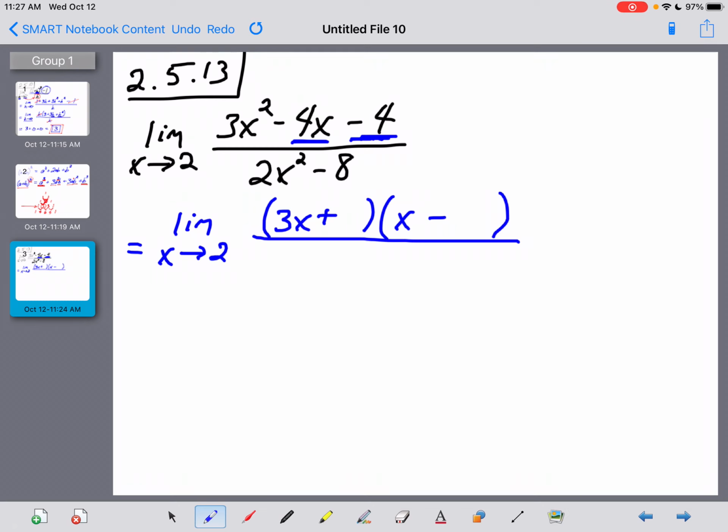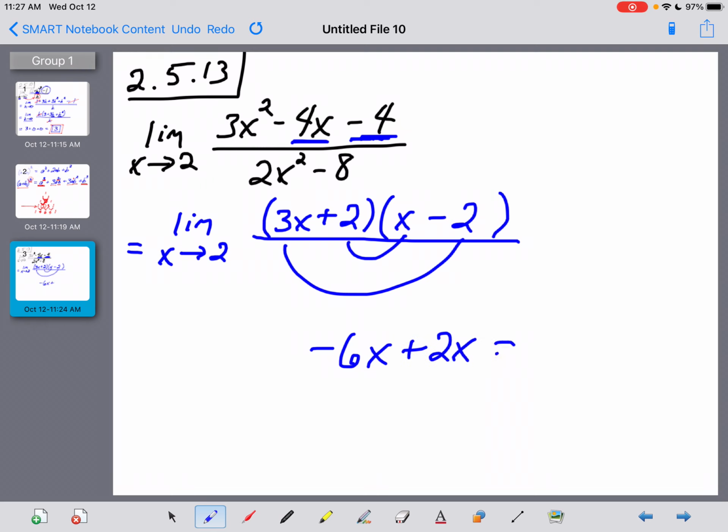Probably the easiest way to split up that 4 is 2 times 2, and let's see how, oh man, you're good, kids. You guessed right away. My outer product right here, 3x times negative 2 is a negative 6x. My inner product right there is a plus 2x, and wouldn't you know it, on my very first guess, I got it right. Negative 4x is what we needed that middle term to be.